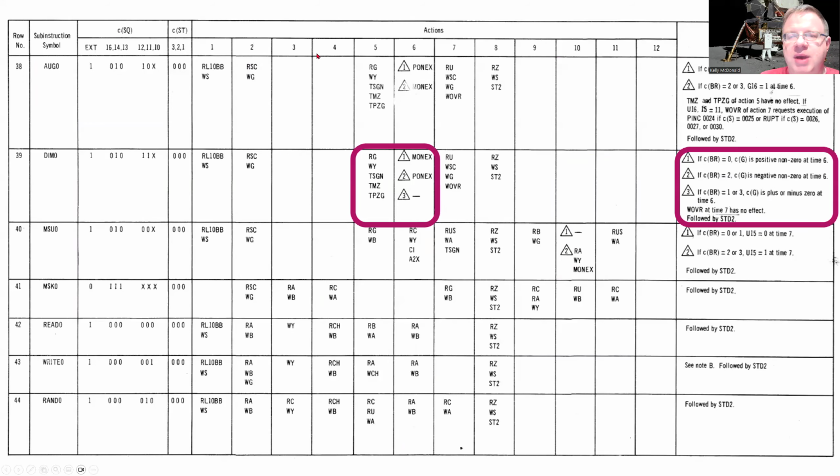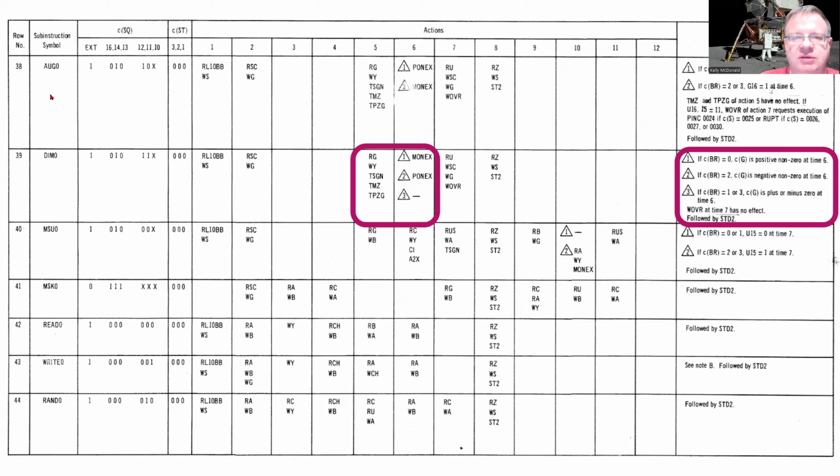So let's go back and look at how the AGC goes through and creates sub-instructions from the control pulses. As we've talked about in some previous episodes, the guidance computer will sequence or step through these 12 actions as it goes through the process of executing a sub-instruction. So we've got these different sub-instructions.